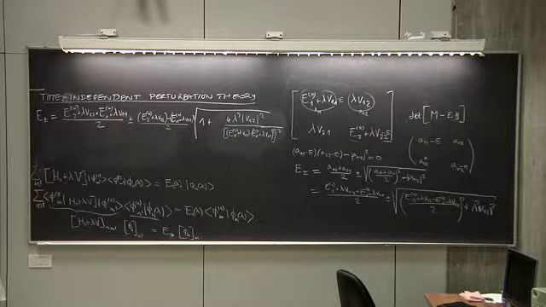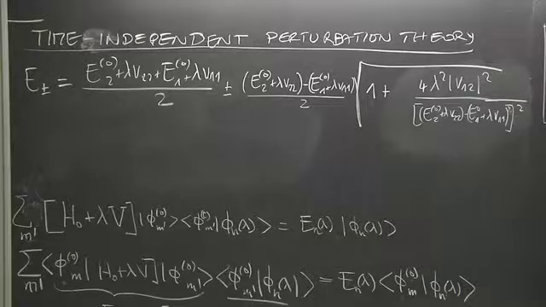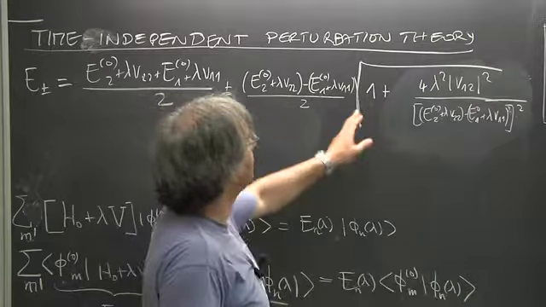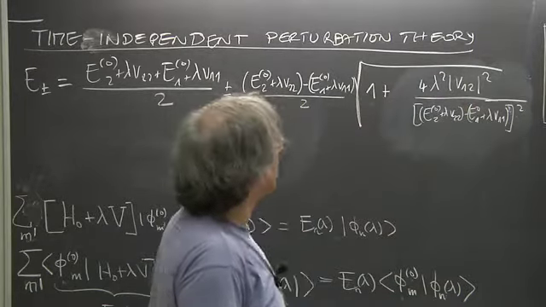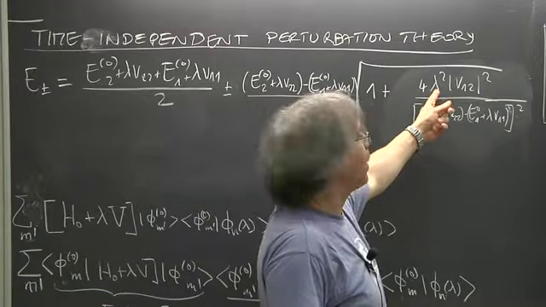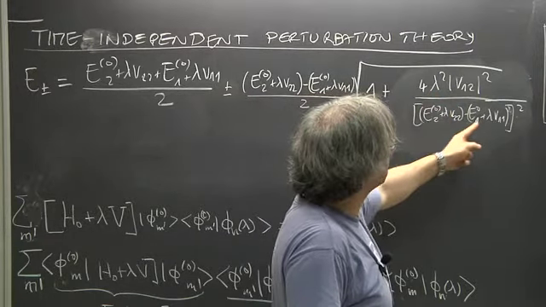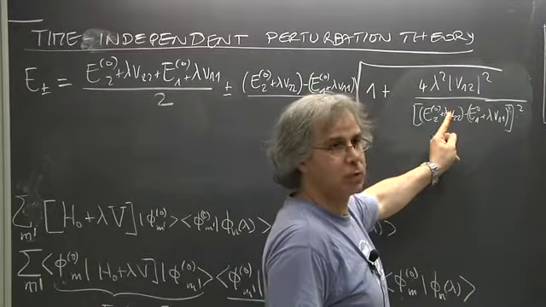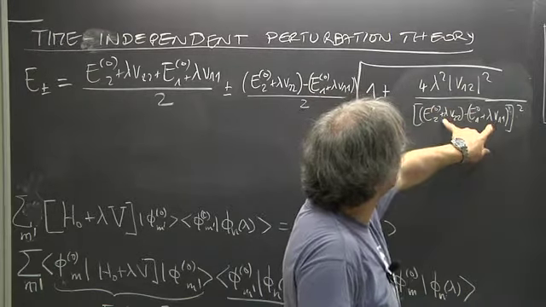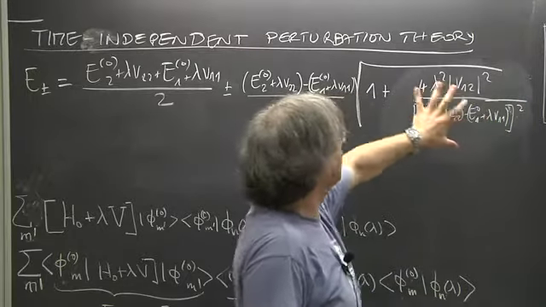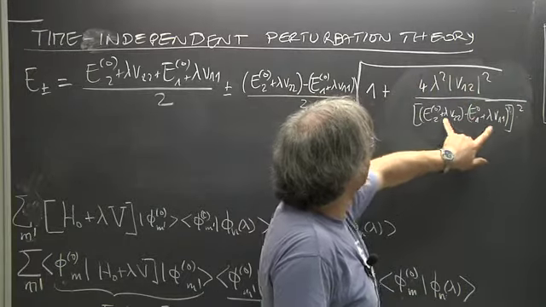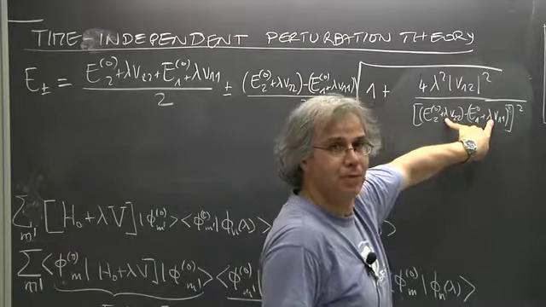The reason why I do that is because I now want to expand in lambda, okay? And the square roots are easily expanded when I have 1 plus some small parameter. You realize that this starts with lambda square, okay? Indeed, lambda appears in the denominator as well. So I might expand this thing in lambda to get further corrections. But to order lambda square, you can even set these two things to 0, okay?